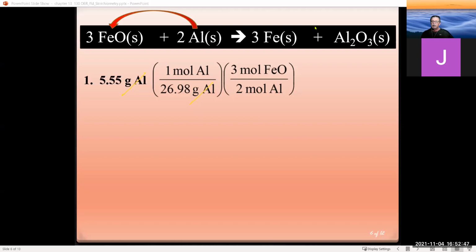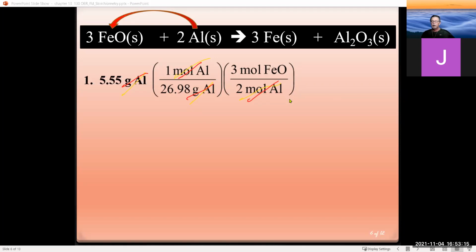Again, that comes from the balanced chemical reaction. If you don't have a balanced equation, your number would be completely way off. Instead of a 3/2 factor, if you went 1:1, that wouldn't be correct.